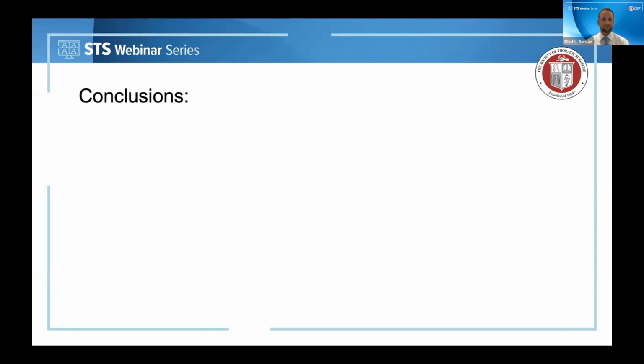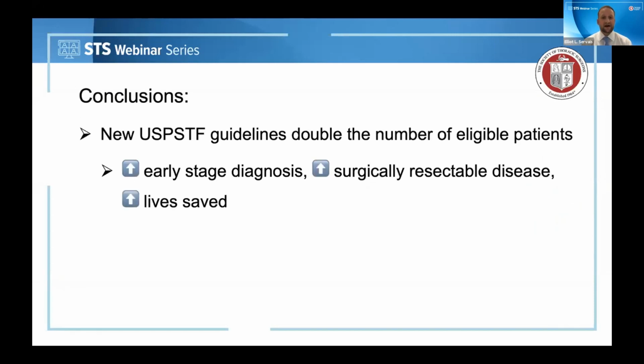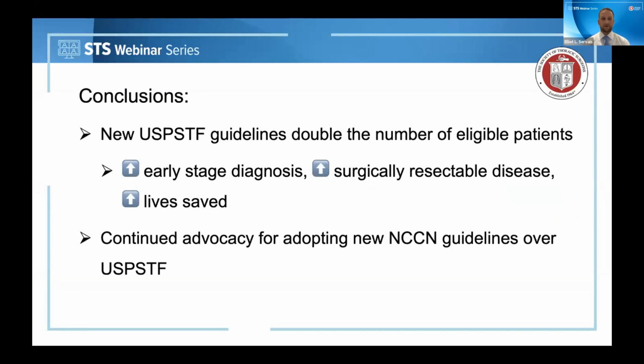So in conclusion, the new USPSTF guidelines will potentially double the number of eligible patients. This will lead to increased early stage diagnosis, increased surgically resectable disease, and increased lives saved. However, it is critical, the onus is on all of us to continue advocating for the new NCCN guidelines over USPSTF, as these are more inclusive guidelines.